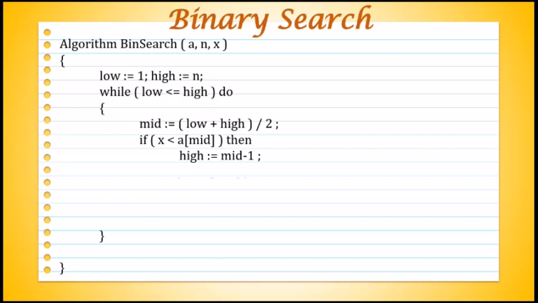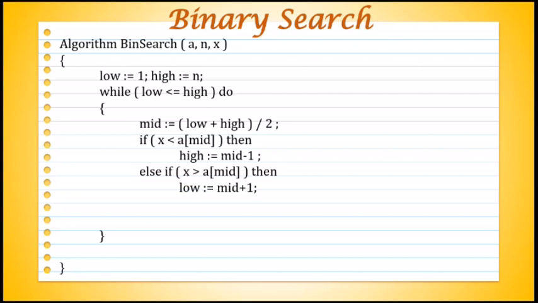Suppose the value of x, that is the searching element, is greater than the middle value, then we will increase the value of low. Suppose the searching element is greater than the middle value, that means our searching element may be present after the middle value. So that's why mid plus 1, and that value will be stored in low.